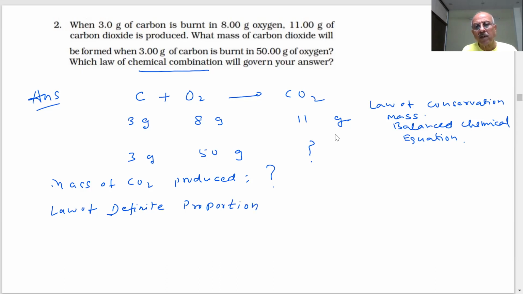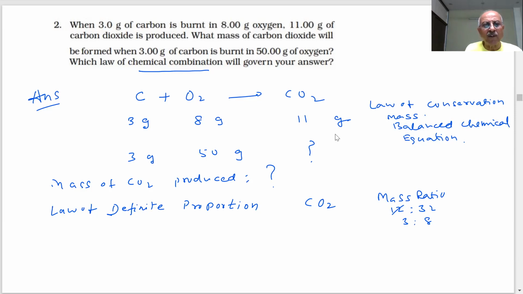What does it say? If carbon dioxide is there, then they must combine by a definite mass ratio. What is the mass ratio here? Carbon 12, oxygen is 32, 16 into 2. That is 12 to 32, which is 3 to 8. The ratio is 3:8.